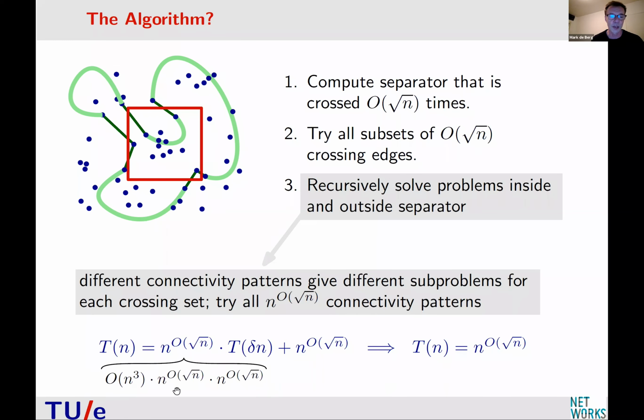If I multiply this, I simply get n to the square root of n with a slightly larger constant. And this is the recurrence I get, where this delta is going to be my balance factor of the separator. So this is what you can do. And now, as I said, what we really hope for is 2 to the square root of n and not n to the square root of n.